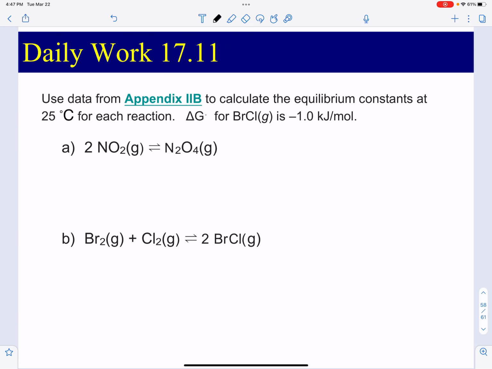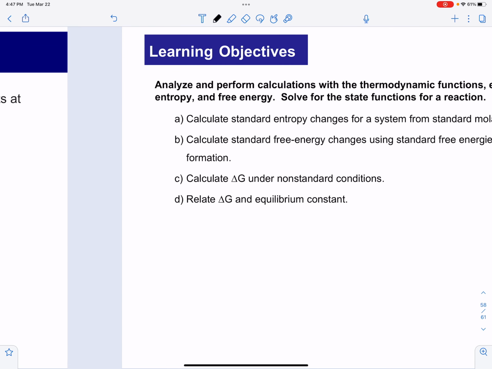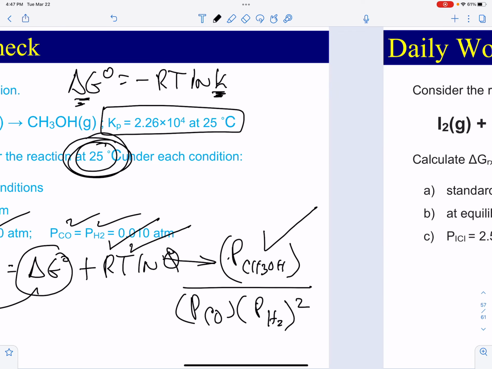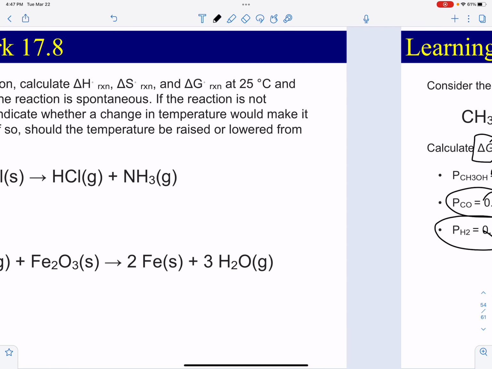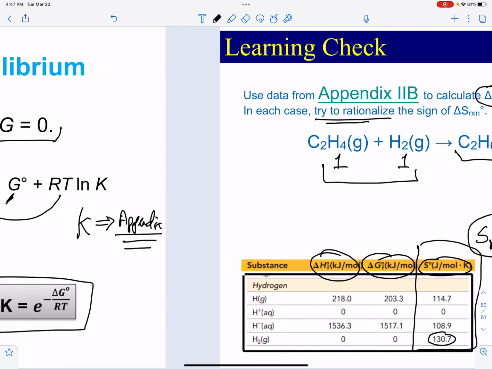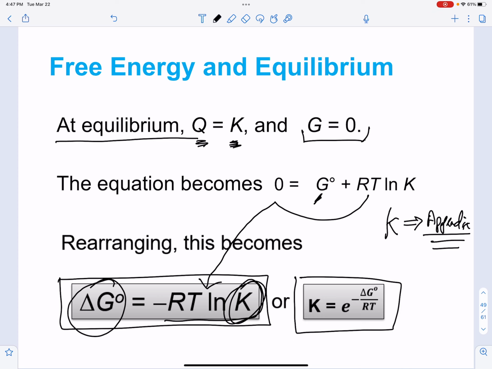And remember, I showed you also how to find the K value. So if you give in the delta G, you can find the equilibrium constant that way.